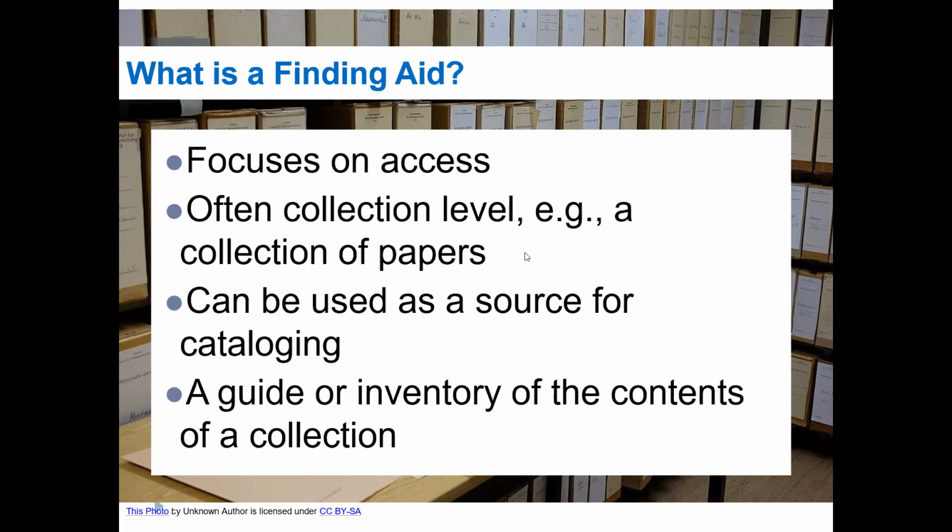For metadata description, sometimes we do pull finding aid records and put them into the library catalog or into another resource, because sometimes that's the only access we have to that particular resource. So let's say you have a collection of letters. I've given you my collection of letters, and there are 5,000 in a file folder. They're all digital. So there are 5,000 in a file folder.